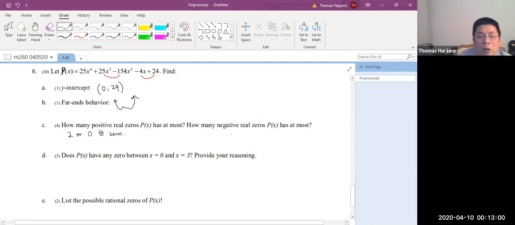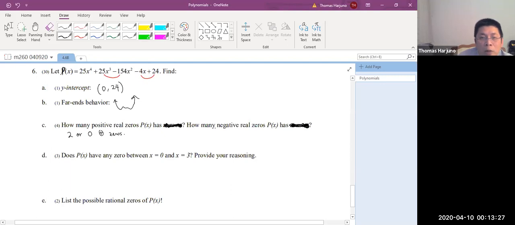Now, how many negative real zeros does P(x) have at most? I think the wording is supposed to be "P(x) has only," not "at most." But the purpose of the question is how many negative real zeros P(x) has.